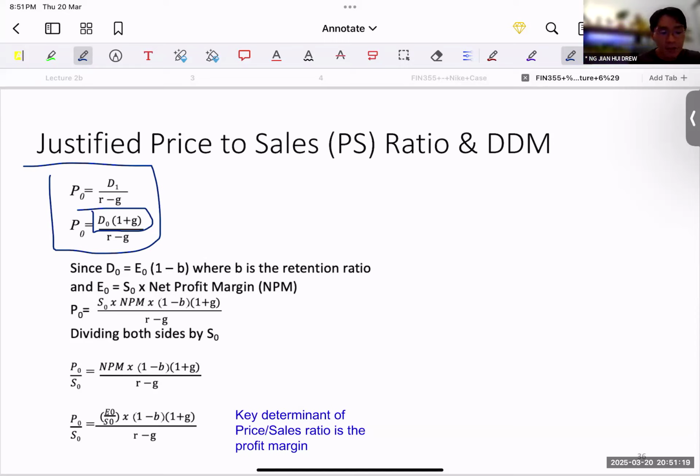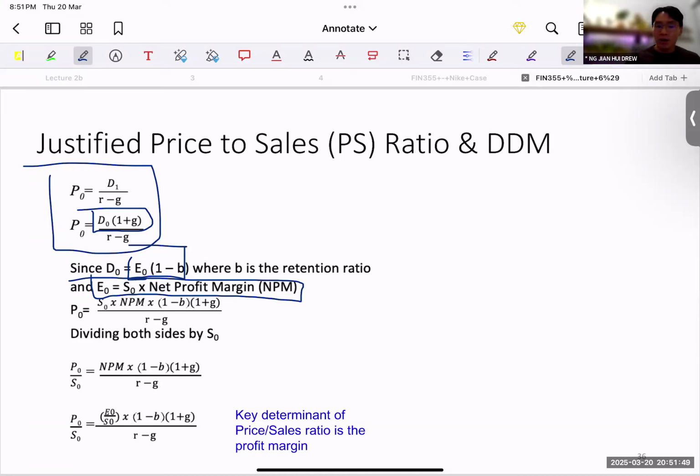We also know that the amount of dividend distributed equals your earnings times 1 minus the retention ratio, what is not being retained. And we know E0 equals sales S0 times net profit margin, right? So your sales times net profit margin gives you your earnings.